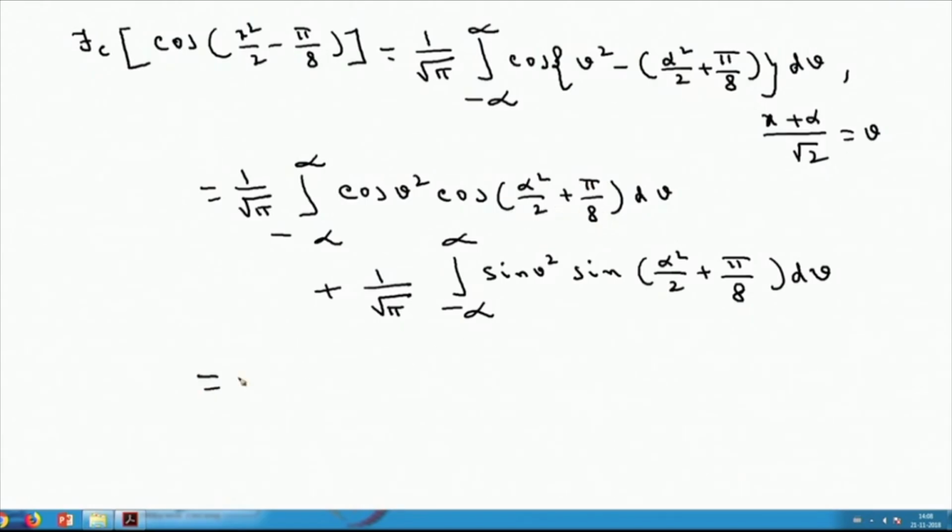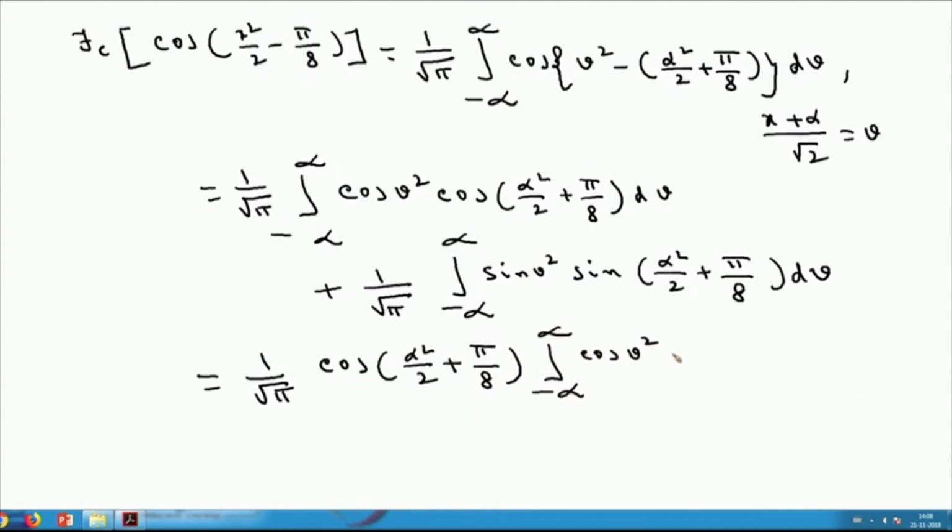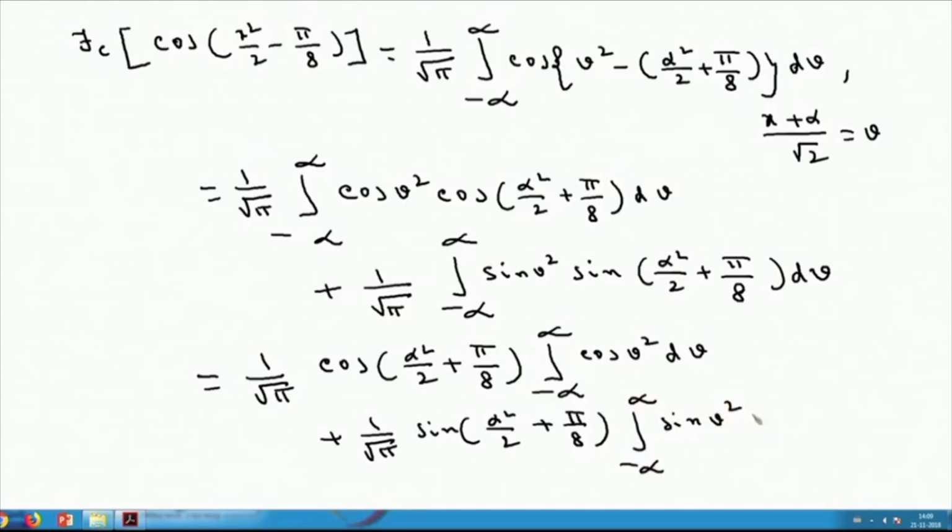This will be 1 by root pi cos of (alpha square by 2 plus pi by 8) into the integral from minus infinity to infinity of cos of v square dv, plus 1 by root pi into sin of (alpha square by 2 plus pi by 8) into the integral from minus infinity to infinity of sin of v square dv.